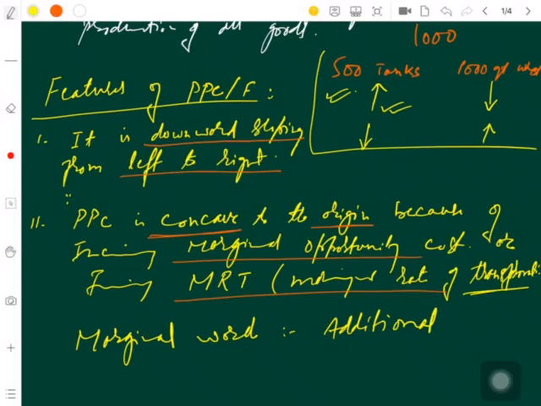It could be that we were producing 10 units, now we are producing 11 units. The marginal change is 1 unit increase from 10 to 11. This is marginal per unit. I'll explain it how and all, but you keep it in mind.